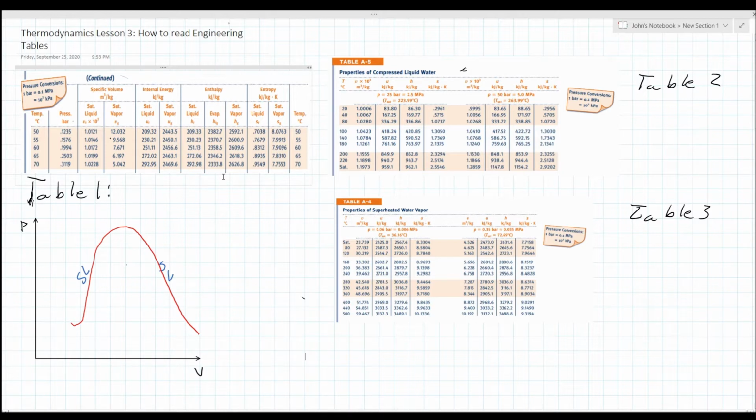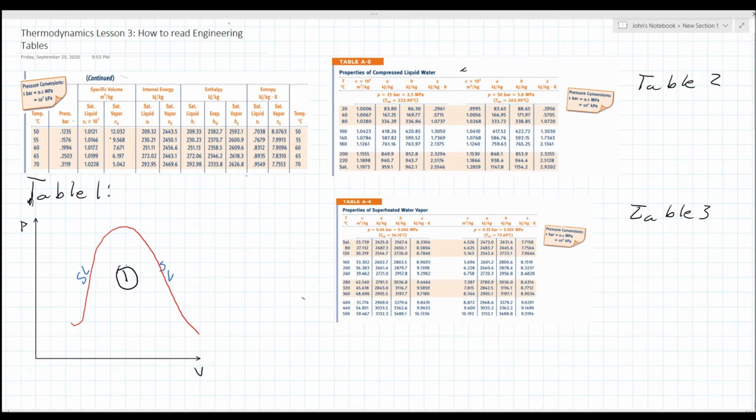So as you can see with these three tables, Table 1 dictates saturated liquid, saturated vapor properties. So if it's between saturated liquid and saturated vapor, we must be inside the dome. So here we have 1. Table 2 details the properties of a compressed liquid.